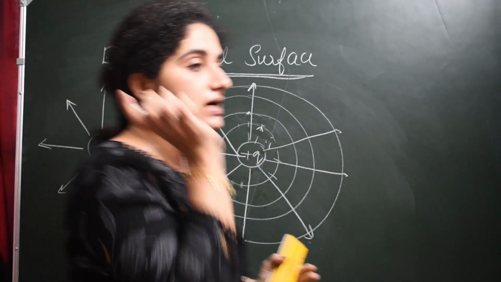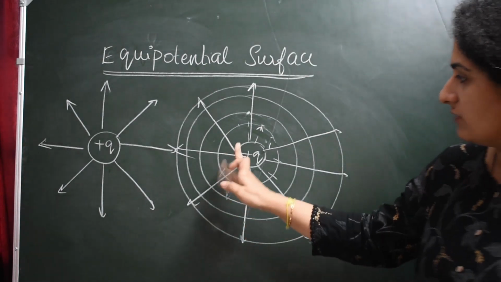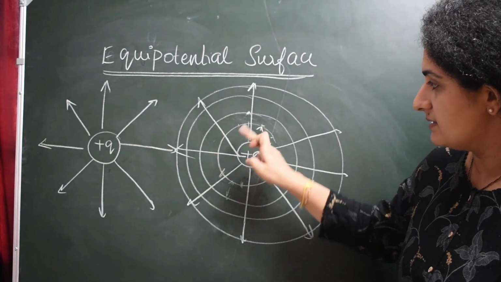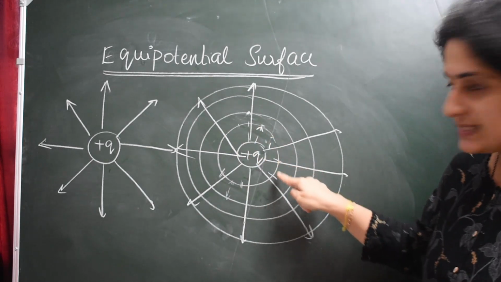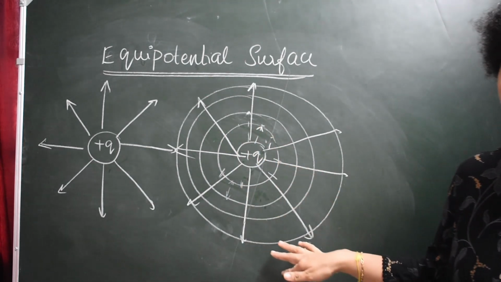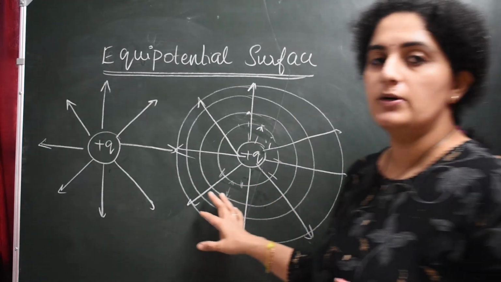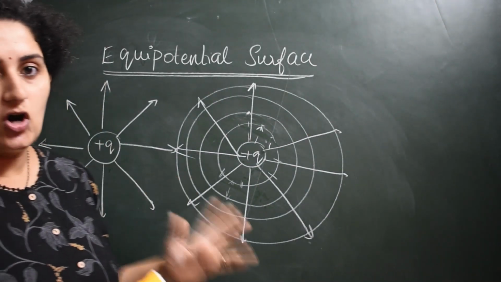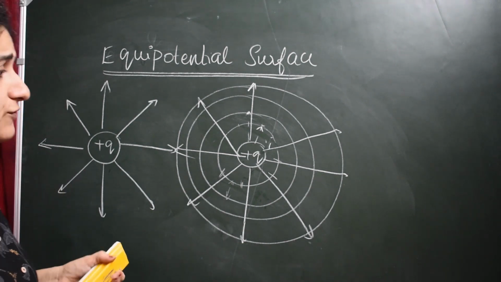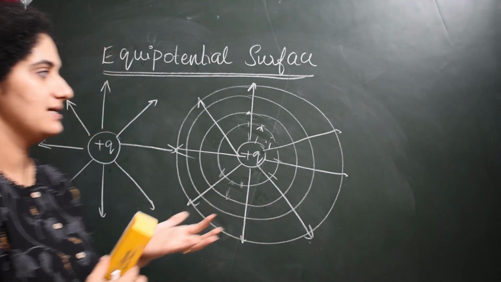Normal means 90 degrees, this is 90 degrees. So you need to prove that for the equipotential surfaces, electric field lines are always normal. If it is not normal, you have to prove that statement.